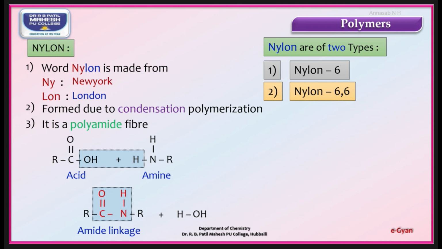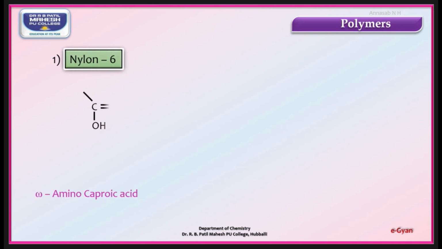Let us learn the first one, nylon 6. So we have a structure of omega amino caproic acid. So there are total 6 carbon atoms, and the 7th group is amine group.